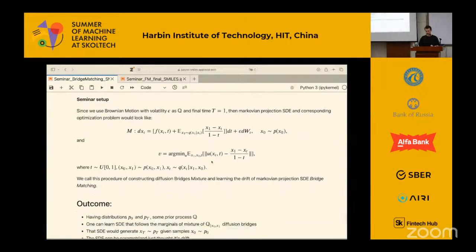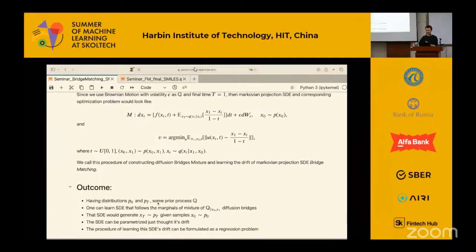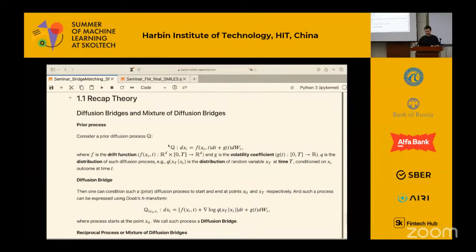Well, okay. So to sum it up, we have distributions P0 and P1. We have some kind of prior process Q, which is defined as, again, this diffusion. Then we have our diffusion bridge, which is the prior diffusion process, but conditioned on start and end at some points, x0 and x1.